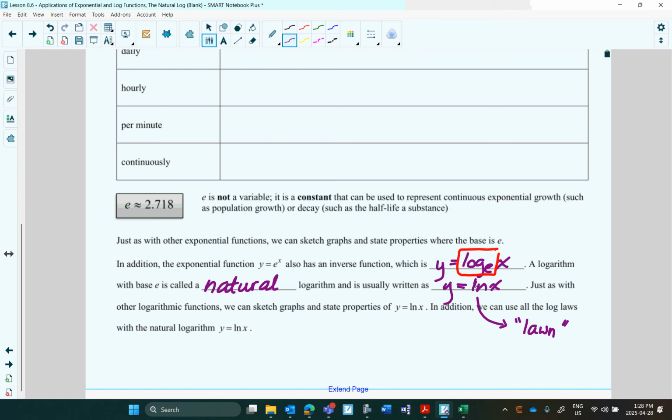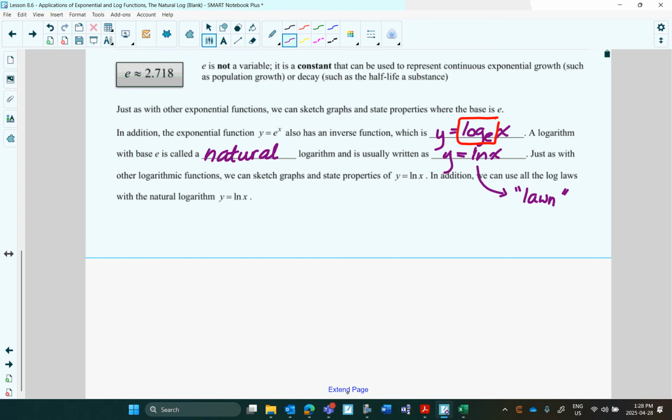And again, we can graph these things. We can solve equations with it. We can use the log laws with it. We can do all the same stuff. Like if you graphed it, do you remember what the graph of a log looks like?